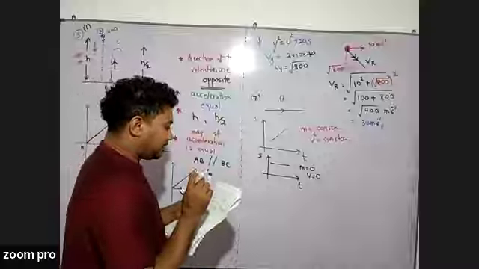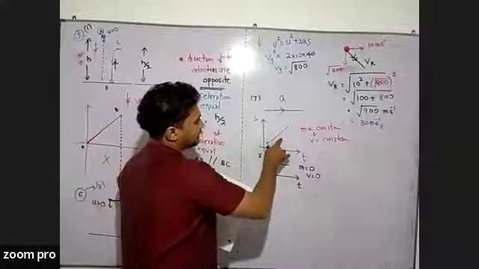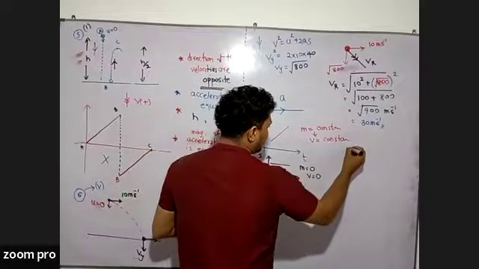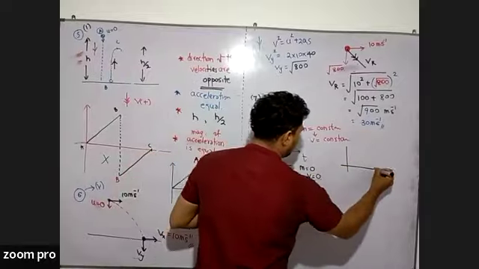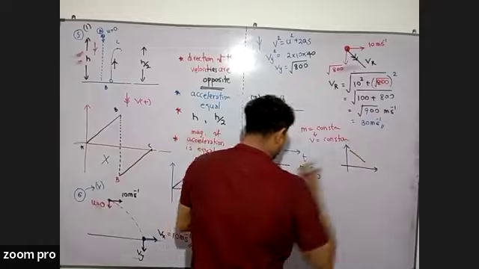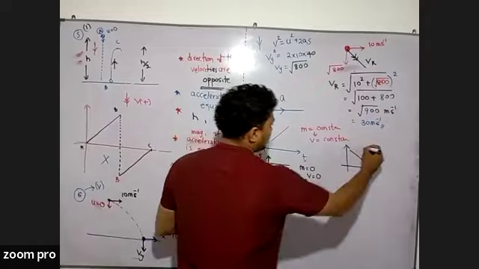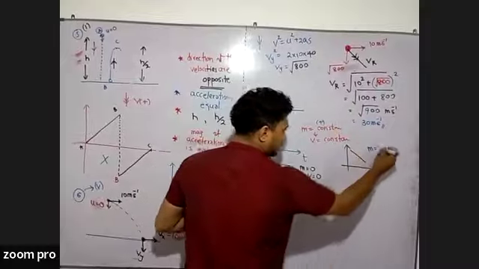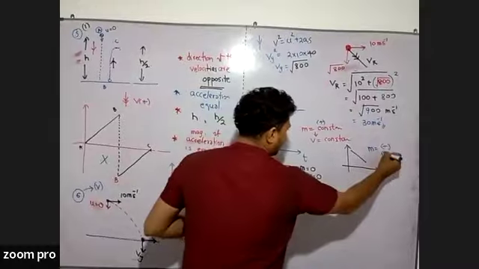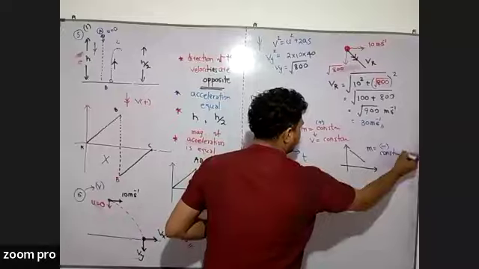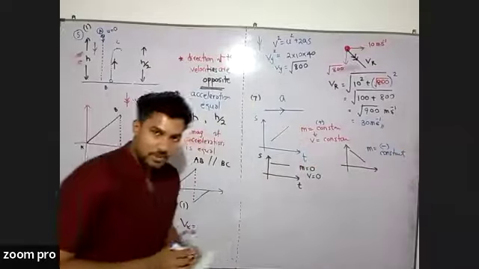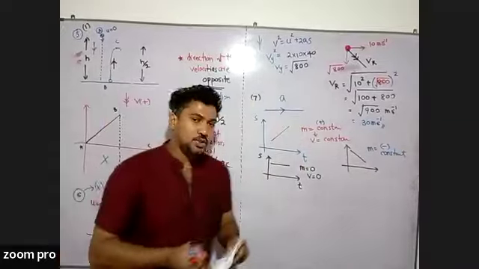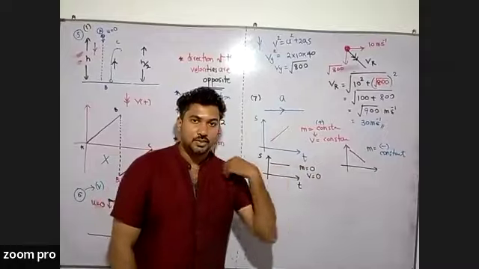So if this one is incorrect, this kind of graph is also incorrect, because this represents the gradient. This one is positive, this one is negative. Even though it is constant, the gradient is negatively constant. So that means the velocity is also negative and a constant value, right?